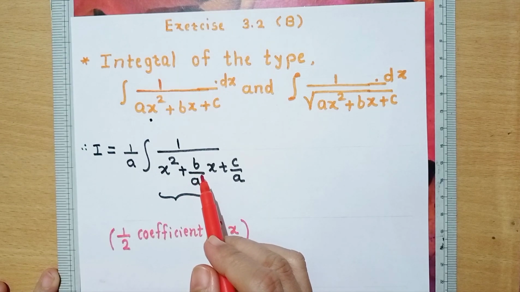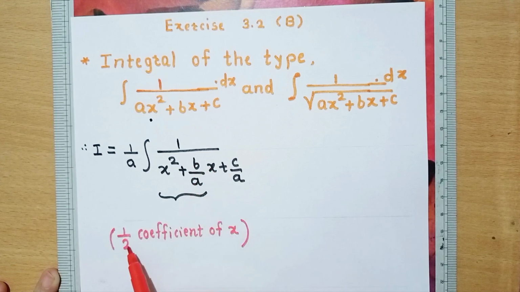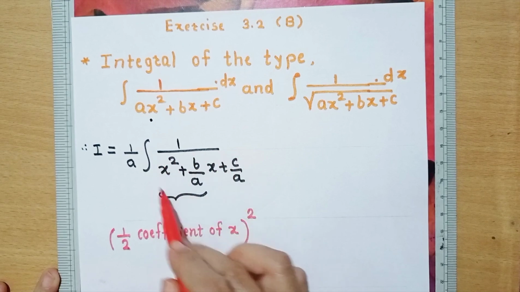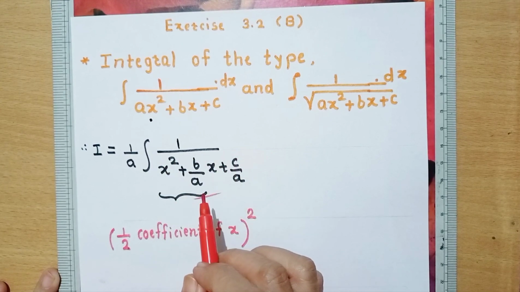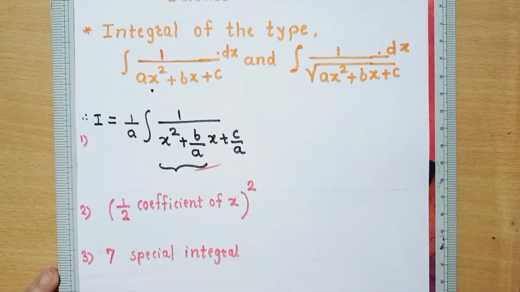So by completing square method, first coefficient of x is b upon a. We will divide by 2 and after that we will find the square. This is the third term. We will add and subtract and we will express the whole denominator in terms of sum or difference of two squares. And then we will use 7 special integrals and we will solve by the regular way.